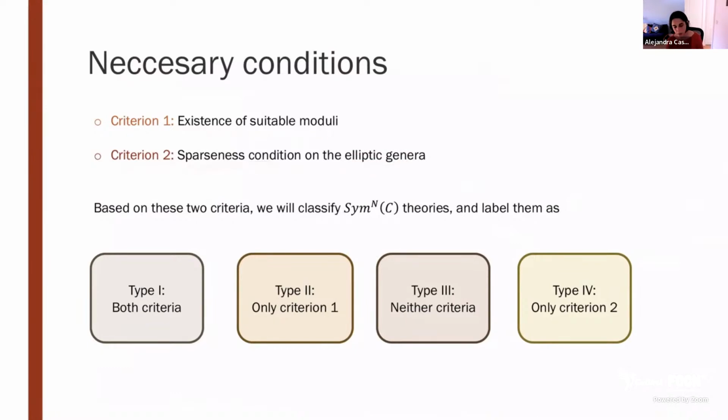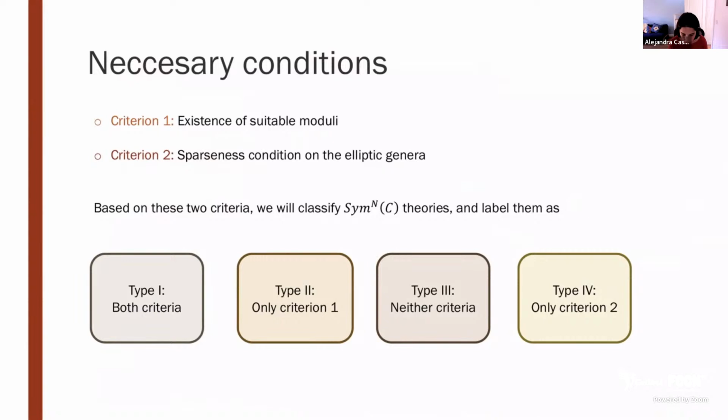So we'll impose a sparseness condition on the BPS states and see if this gives us some signal that the strongly coupled point appears. Regardless, even if you don't want to think about AdS/CFT, these are the two conditions that we're going to use as a way to classify the theories.